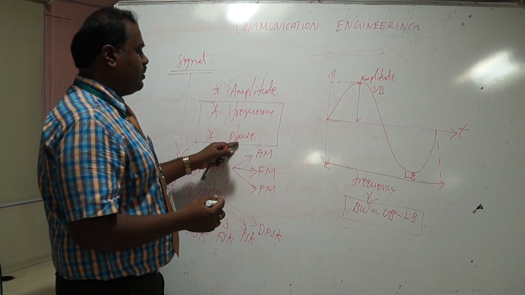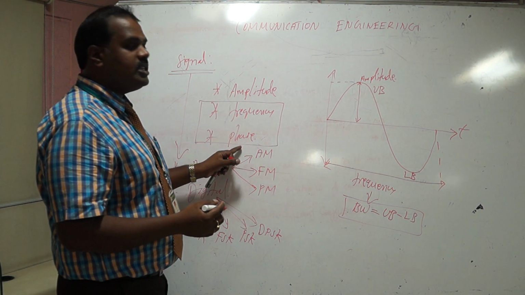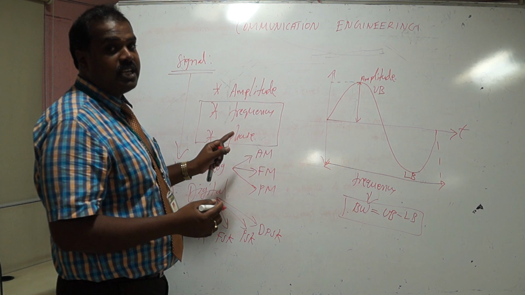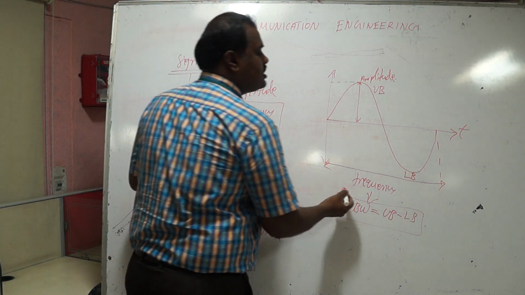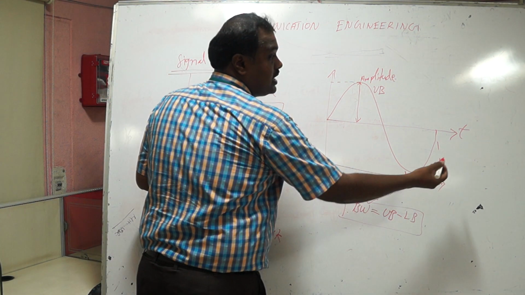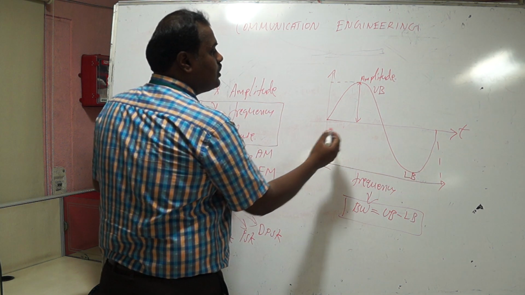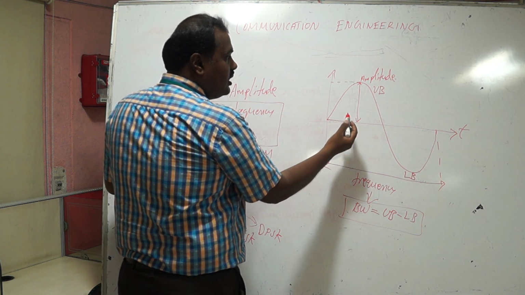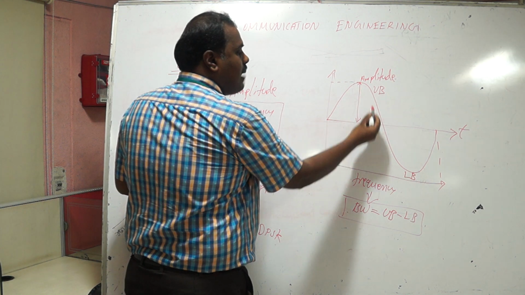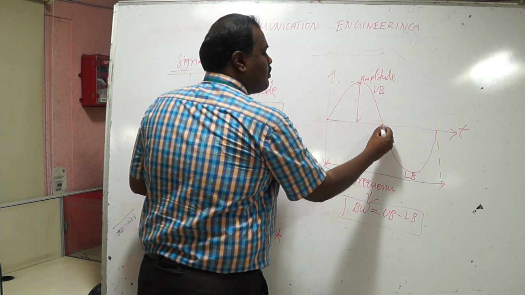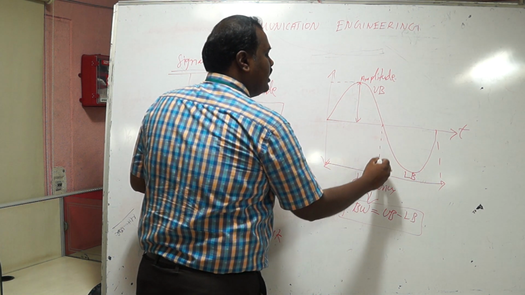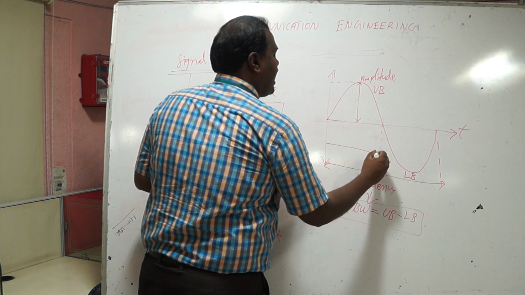Next it goes for phase. When the frequency changes, the phase automatically changes. Suppose the frequency requires larger bandwidth, the phase will also require larger. The phase is when the signal crosses from the upper band to the lower band. This point will decide the phase angle.